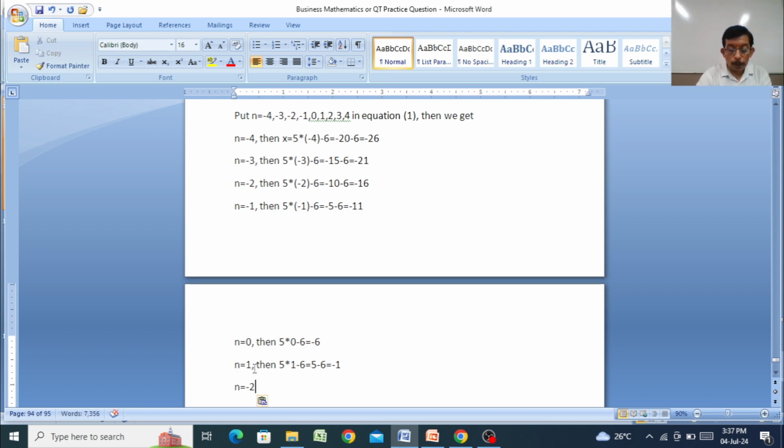N is equal to 2, then 5 into 2 minus 6 is equal to 10 minus 6 is equal to 4.